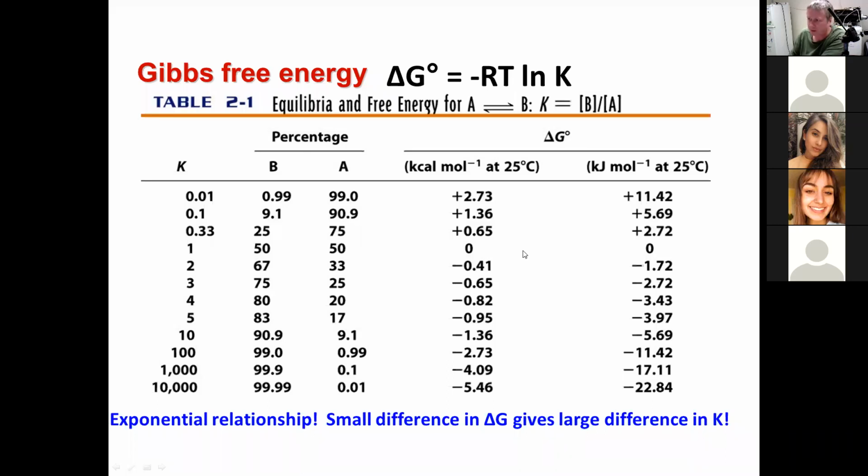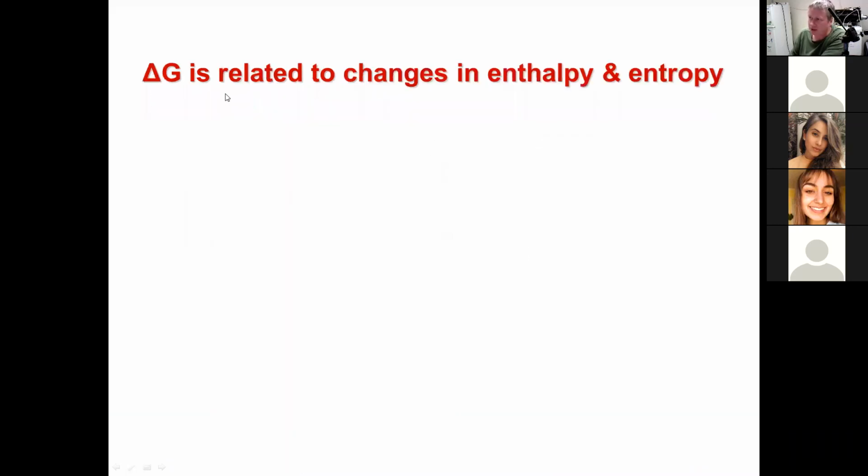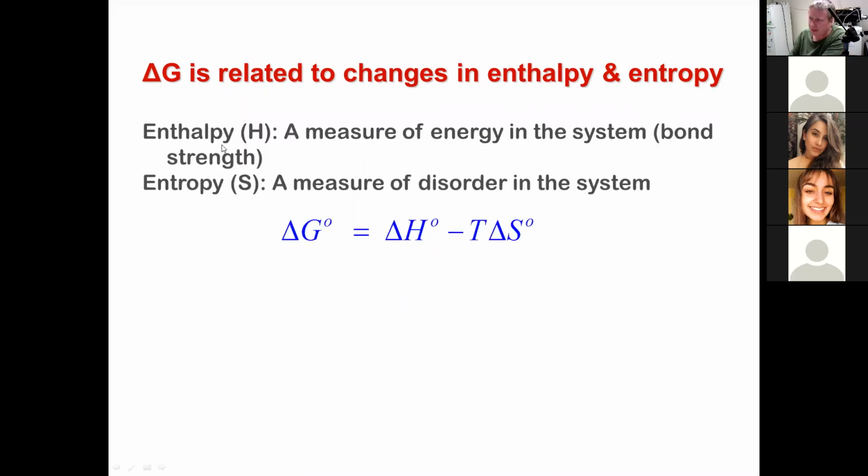All right. So delta G is related to changes in enthalpy and entropy. So these are 2 thermodynamic principles also. Enthalpy is a measure of the energy in the system, which is basically bond strength, right? Some bonds are strong bonds and some are weak bonds.